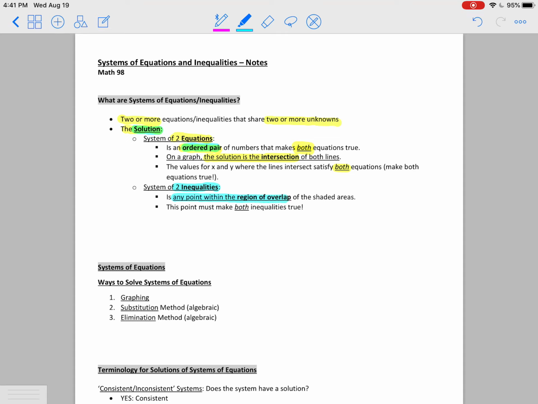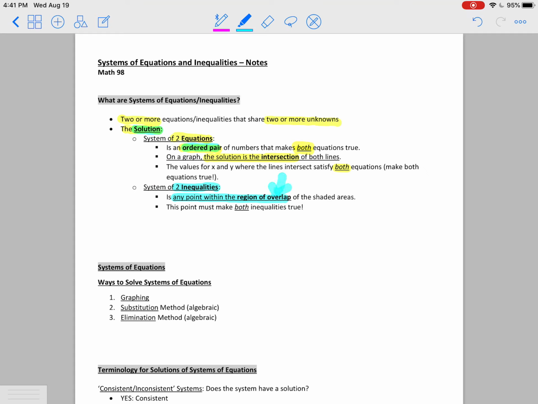As you may remember, in a previous unit, Unit 13, we were graphing inequalities. And of course, when we're graphing an inequality, we shade a region, whether it's above or below the line. Well, you can imagine then if you have two inequalities, we're shading two different regions. And so what we're really interested in here is this overlap.